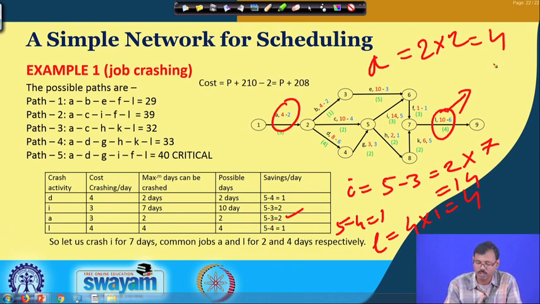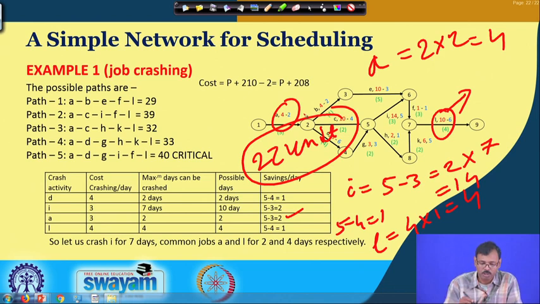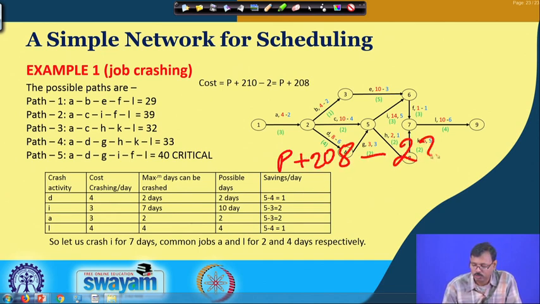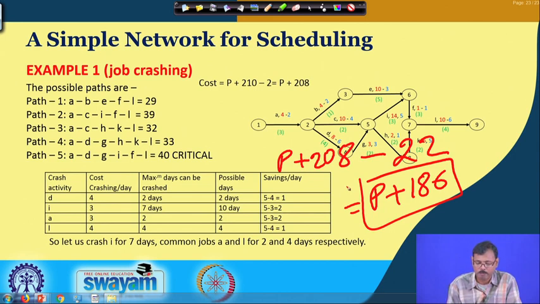Altogether we have a profit of 14 plus 4 is 18, 18 plus 4 is 22 units that we can achieve here. So our new cost will be P plus 208 minus 22 units, which leads to P plus 186.